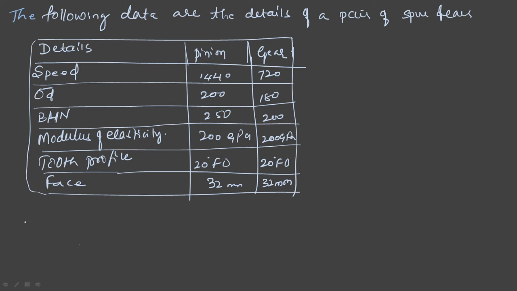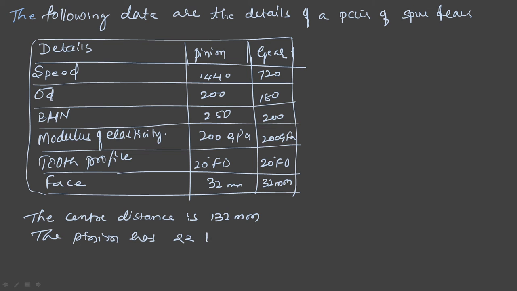Next you note down. The center distance is 132 mm. The pinion has 22 teeth. Determine the power that can be transmitted.